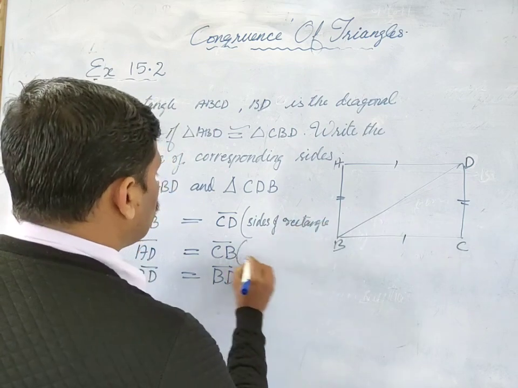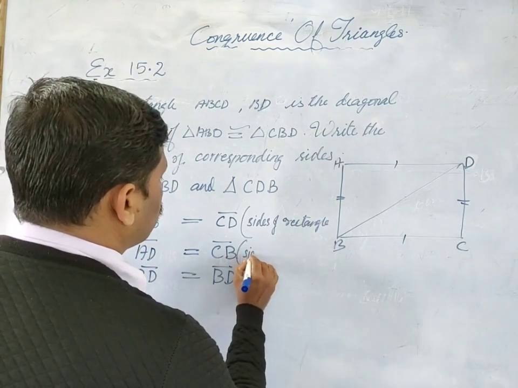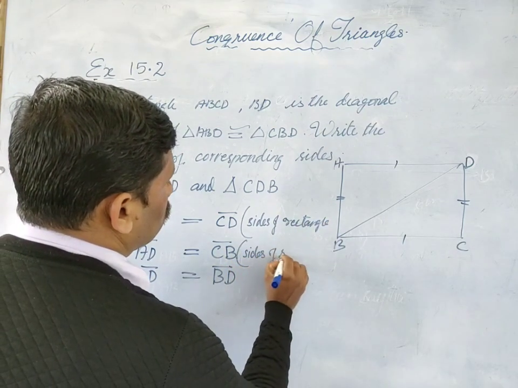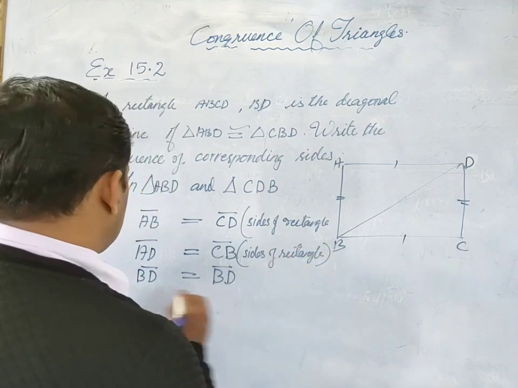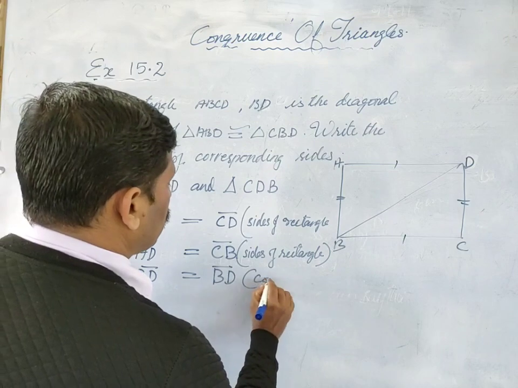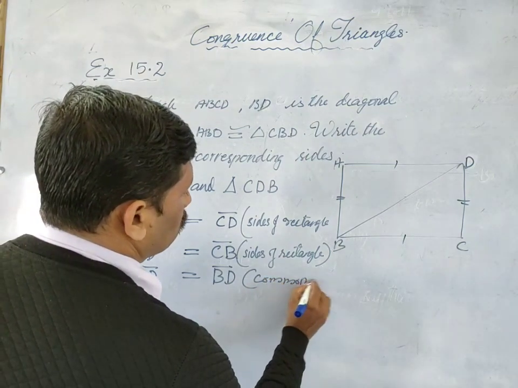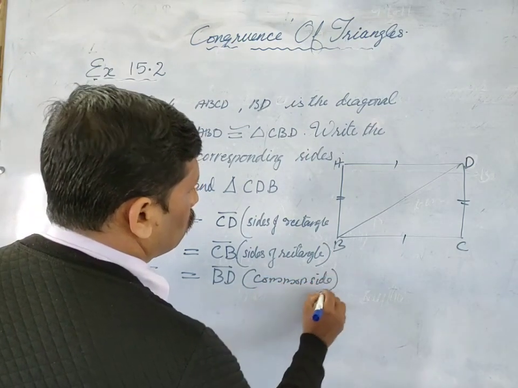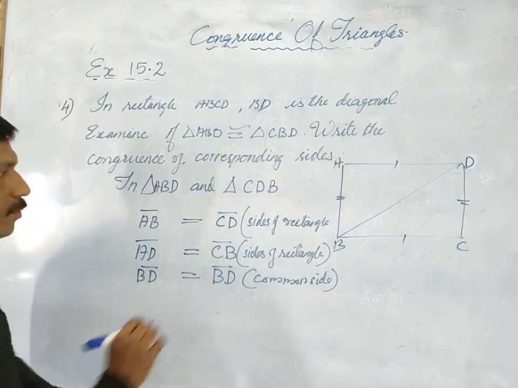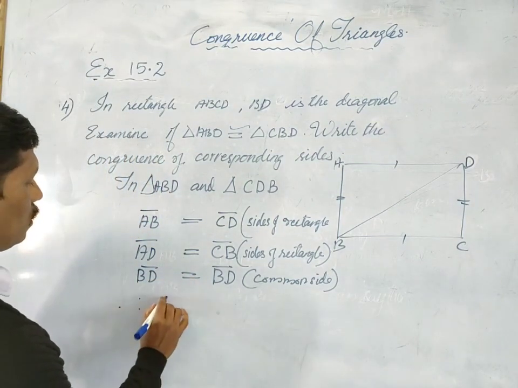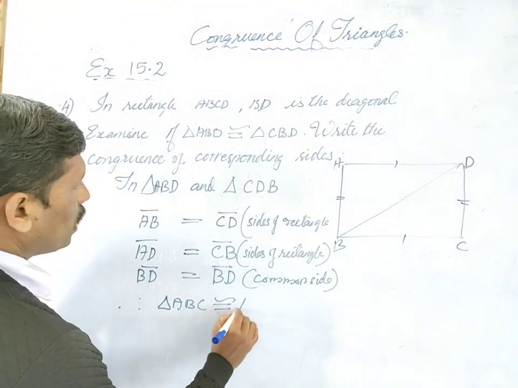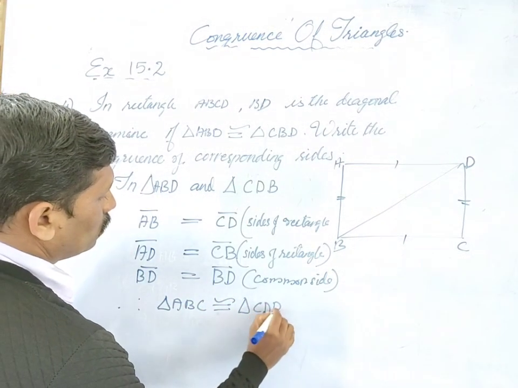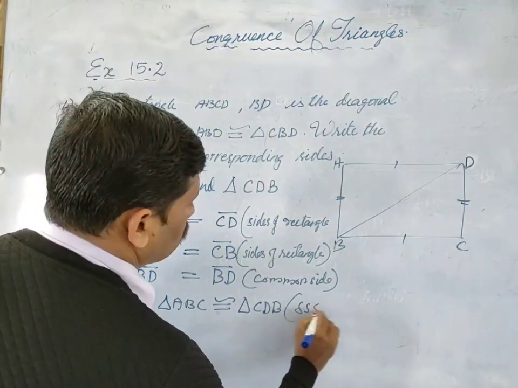Sides of a rectangle are equal, and these two are also sides of the rectangle, so they are equal. And BD is equal to BD, that is the common side. Therefore, we can say that triangle ABD is congruent to triangle CDB by the SSS condition.